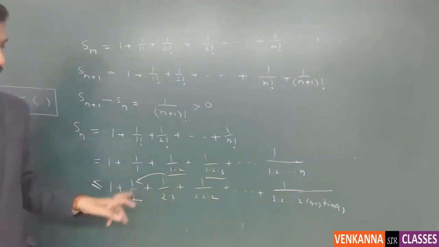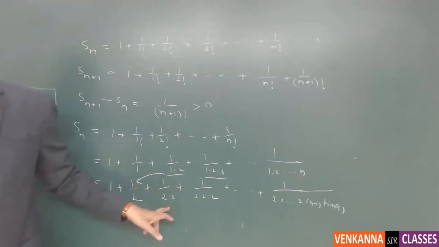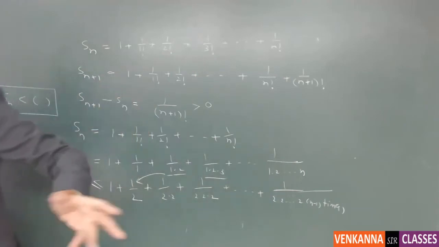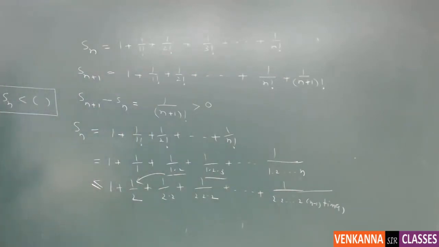You can write it as 1 plus 1 by 3, 1 by 3 into 3, 1 by 3 into 3 into 3, like that. That is also you can do. You can do any kind of rearrangement there. All I want to do is nothing but Sn must be less than some number. You should be able to prove that.